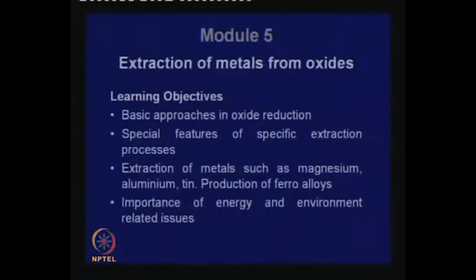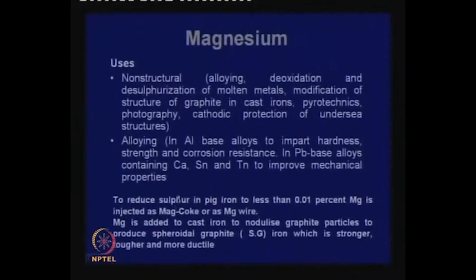Talking about metals which come from oxides, the learning objectives were basic approaches in oxide reduction, special features of specific extraction processes, and extraction of metals such as magnesium, aluminum, tin. Ferroalloys I also included in this, because they also come from oxide sources, and I have given some discussion on energy and environment related issues, which have been discussed in more detail towards the end.